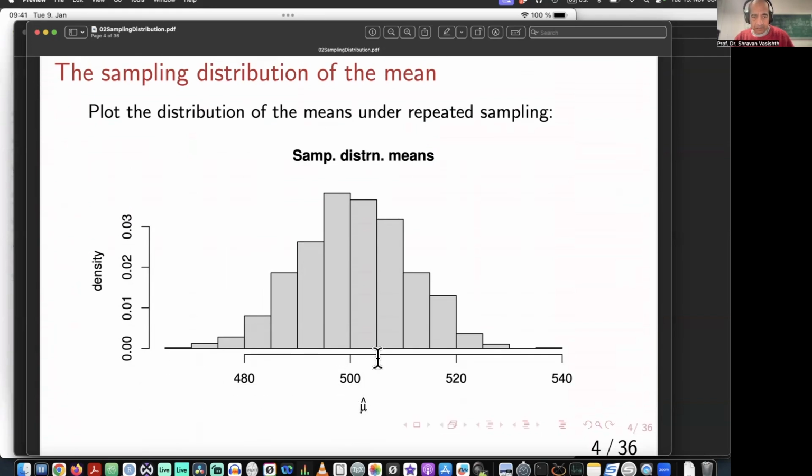Because each of these numbers that constitute this distribution are actually estimates, sample means from the 1000 samples I've taken. So these are all sample means that I'm drawing the distribution of. And so what I notice is that the distribution of the sample mean is a normal distribution.